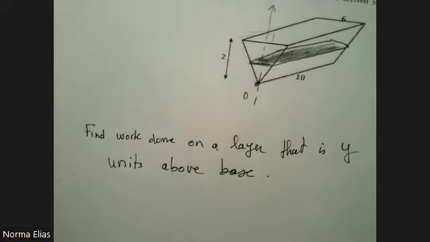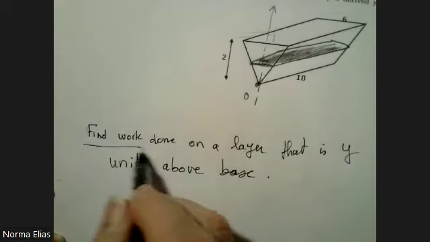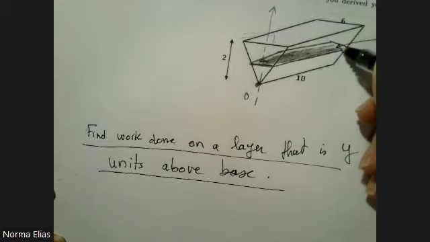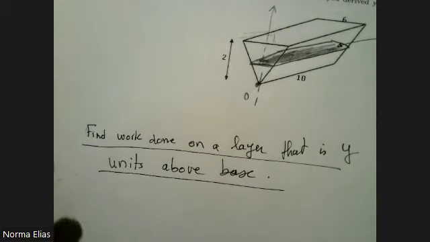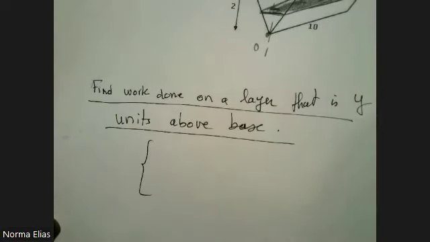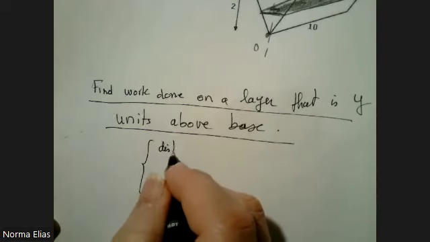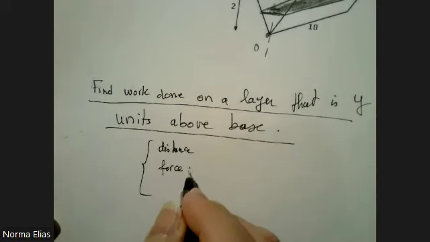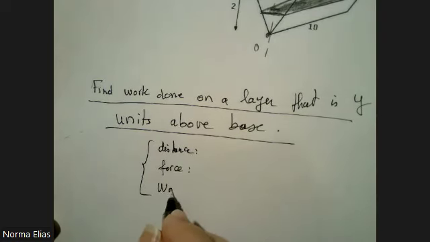All right, so as we said several times, that's the heart of it. Once I find the work on a layer, I can add them up. So what's the work on the layer? Of course, we know it's the distance times the force. So we compute every aspect of it: the distance by which a layer moves, the force, which is how much it weighs basically, and find the work on a layer.